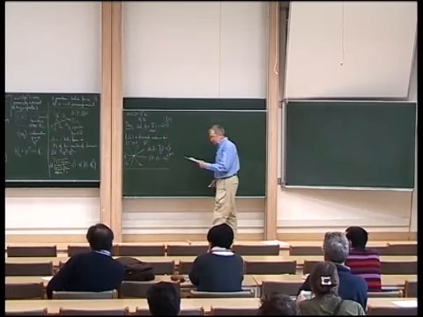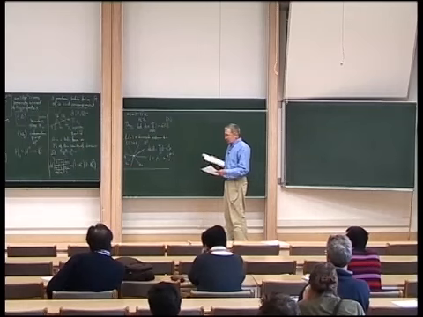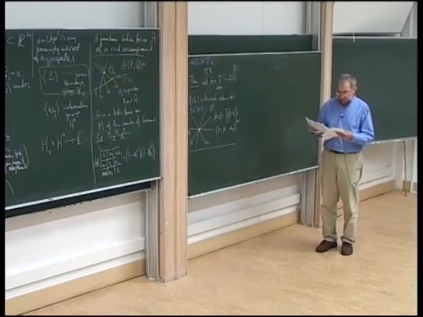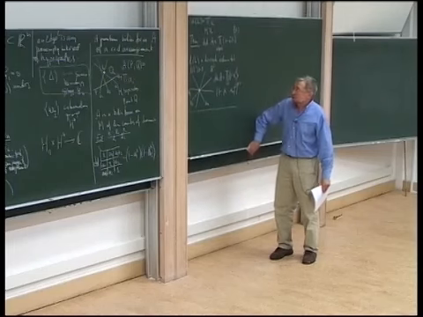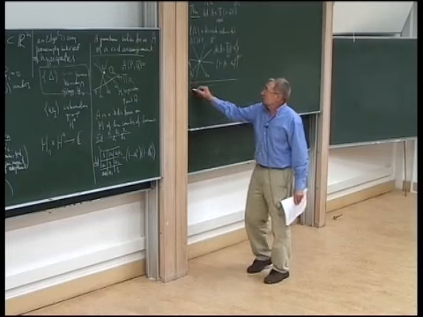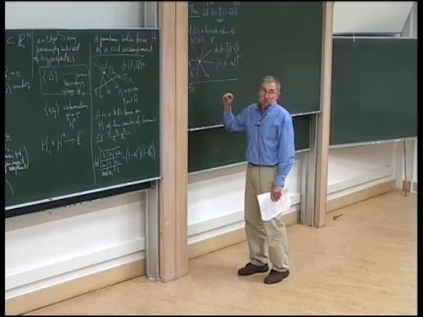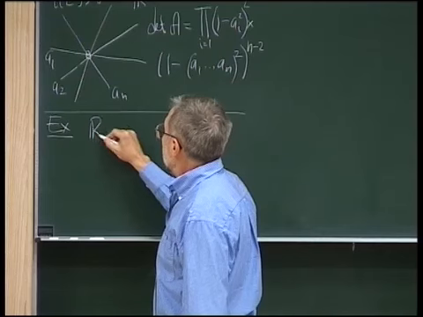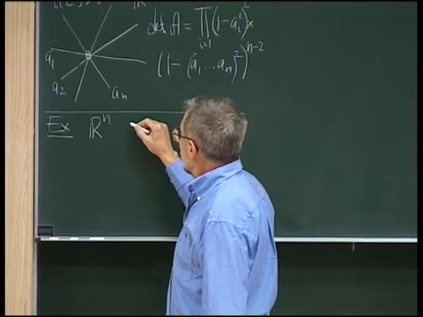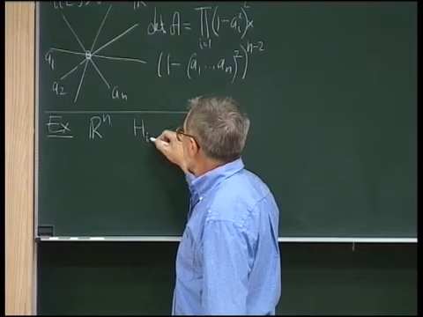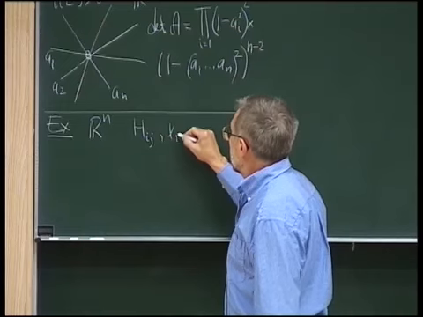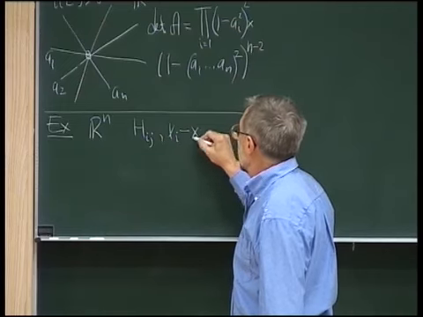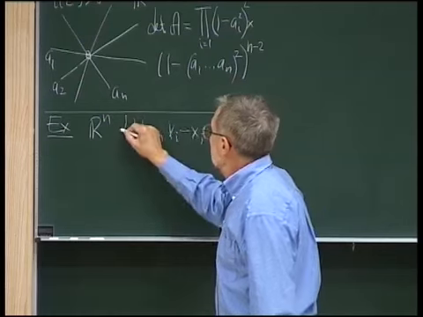Okay, so this is the formula. Now, one of the most important examples of arrangements is the arrangement of diagonal hyperplanes. So in R^n, you consider the hyperplanes Hij defined by the equation xi minus xj is equal to 0.